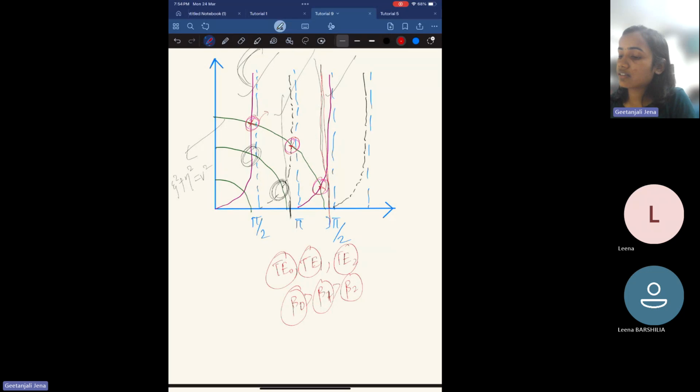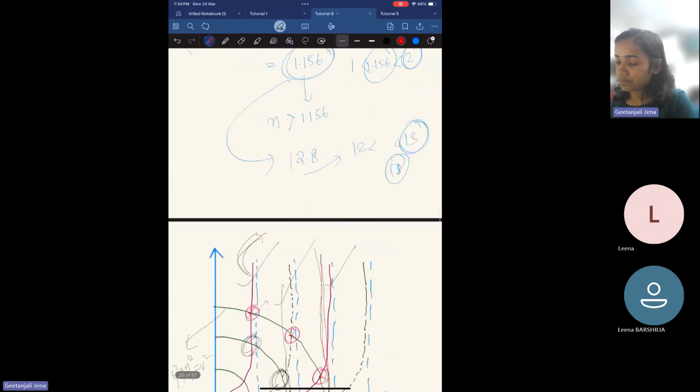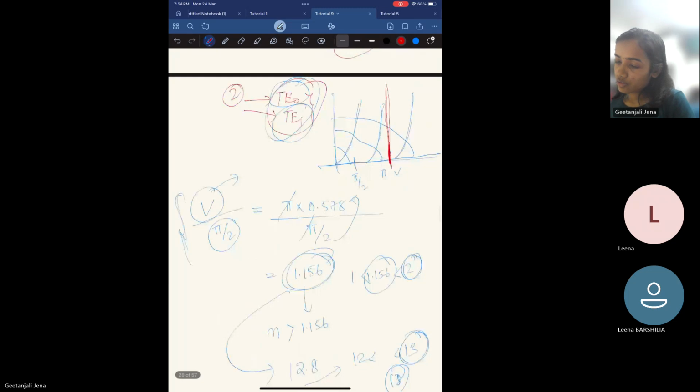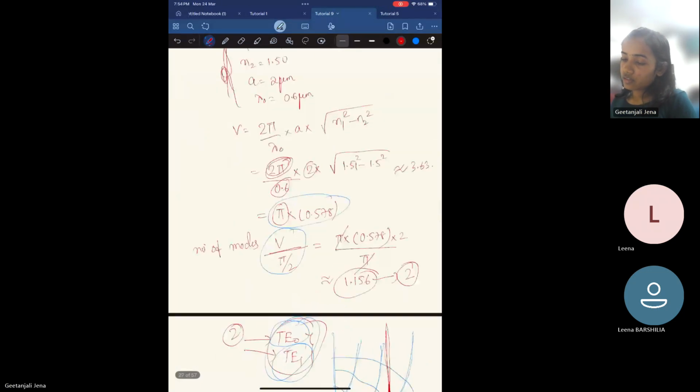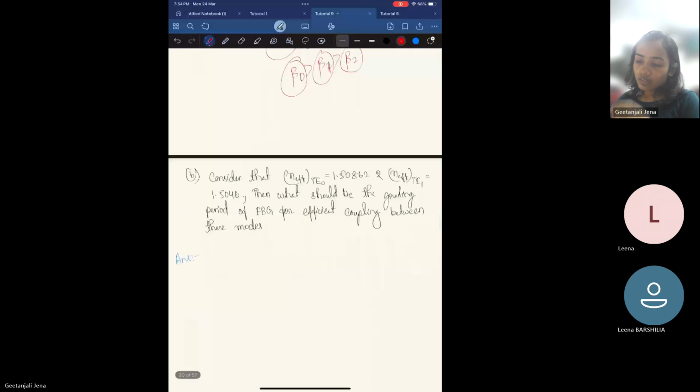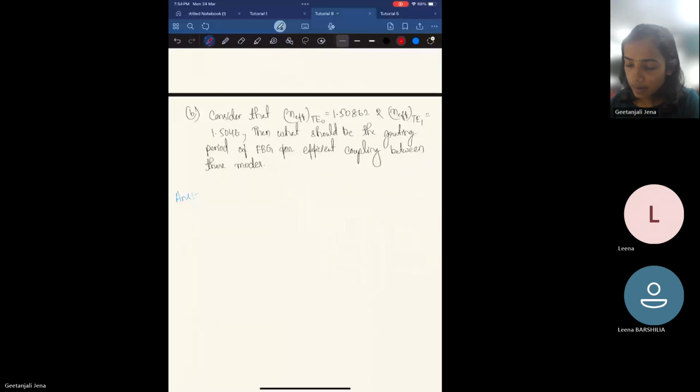Okay, so let us see the last question, after the first part. Let's say the fiber is now supporting T0 and T1, right?